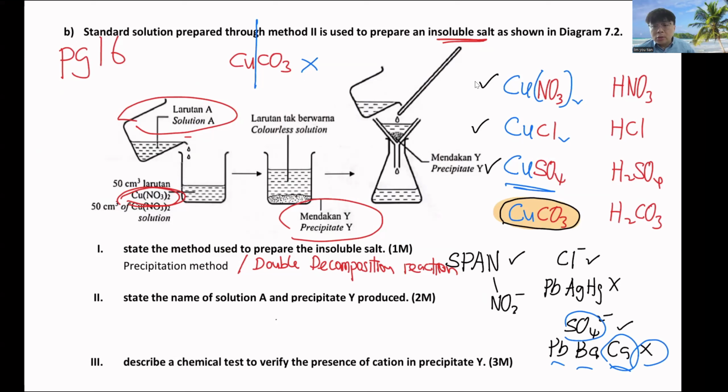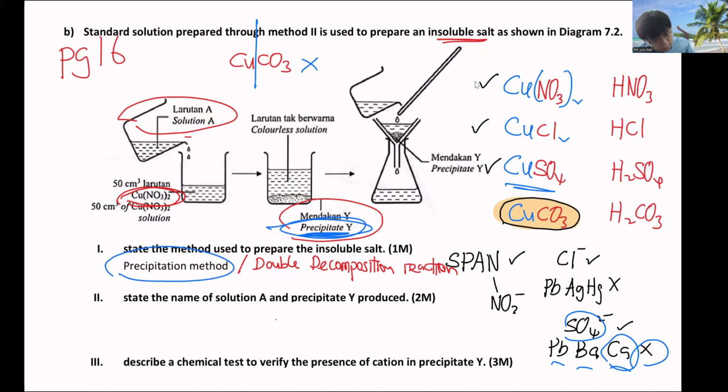Double decomposition is soluble plus soluble to form insoluble. Means anyway, double decomposition is to prepare what we call the insoluble salt. Whenever you see a precipitate come out, this is called precipitation reaction, precipitation method.